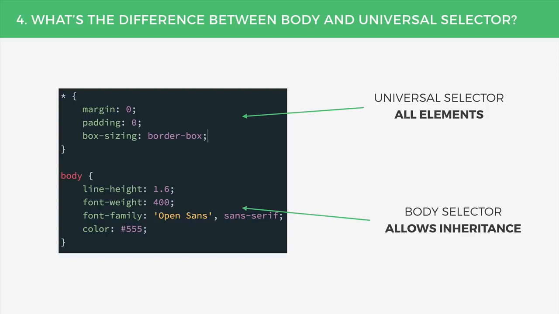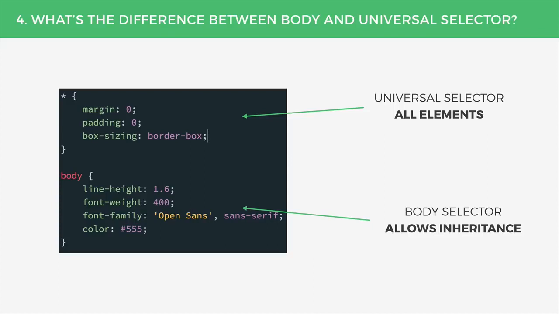And that's why we see properties such as line height, font weight, font family, and color on the body selector. Other properties like margins and paddings are not inherited to child elements, and so we have to put these in a universal selector so that we can still have them applied to all of our elements.